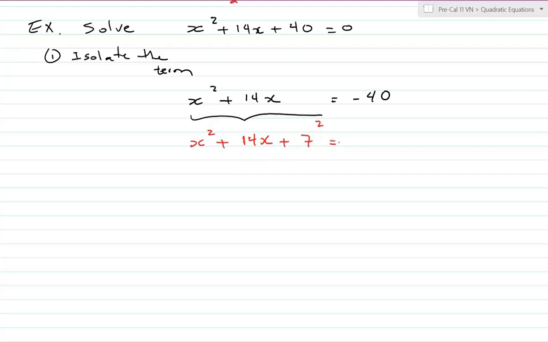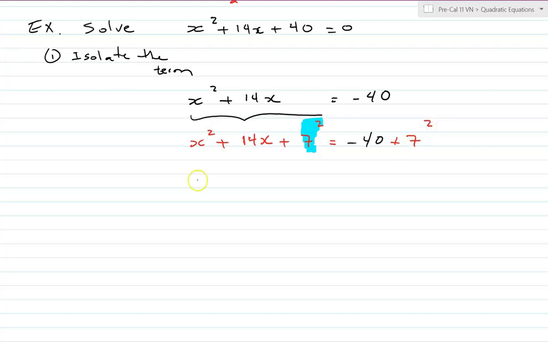Now, because we added 7 squared here, we can't just add it to one side of the equation. This is an equation. Whatever we add to one side, we have to add to the other side. So now we're going to go minus 40, and we added 49 onto this side, so we have to add that to the other side as well.